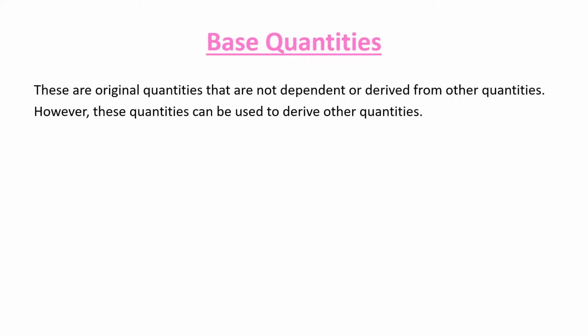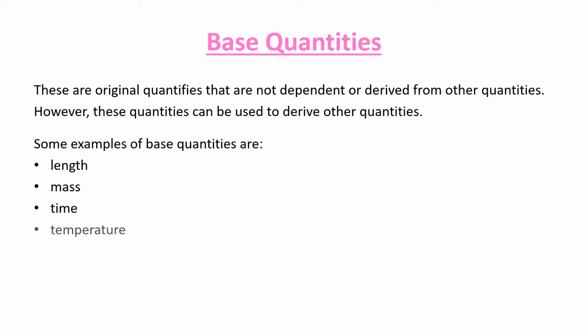However, these quantities can be used to derive or obtain other quantities. Some examples of base quantities are length, mass, time, temperature, electric current, luminous intensity.